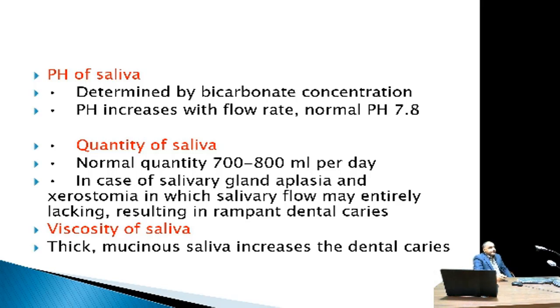Quantity of saliva. Normal quantity of saliva is 700 to 800 ml per day. This is the quantity of saliva per person in a day. In cases of salivary gland aplasia and xerostomia, in which salivary flow may be entirely lacking, the result is rampant dental caries.